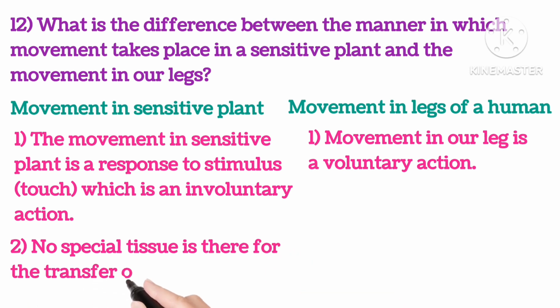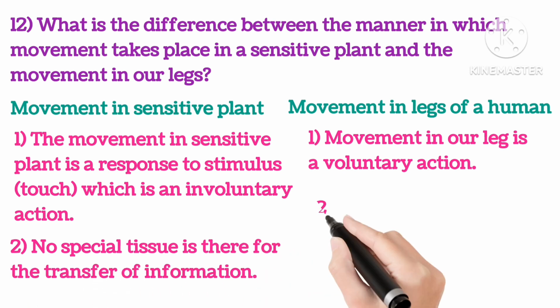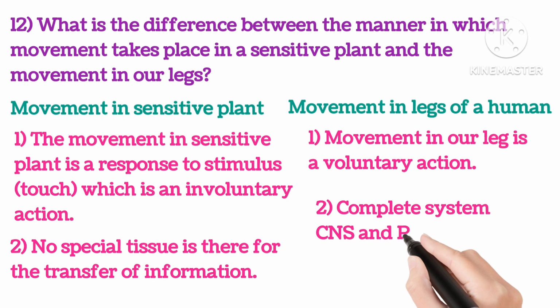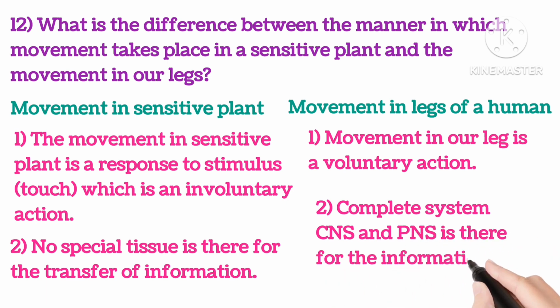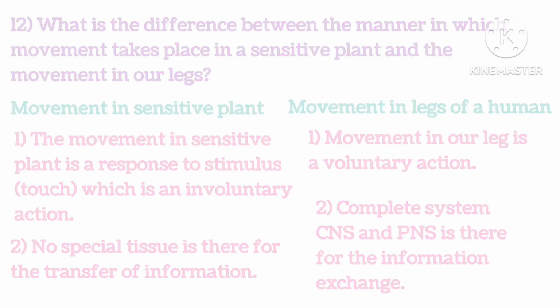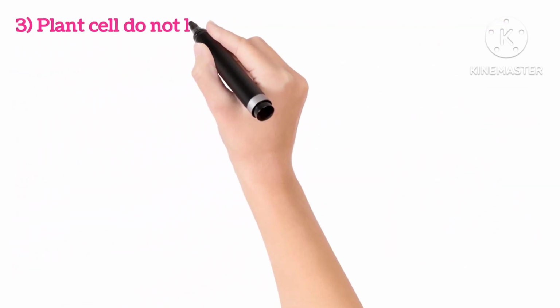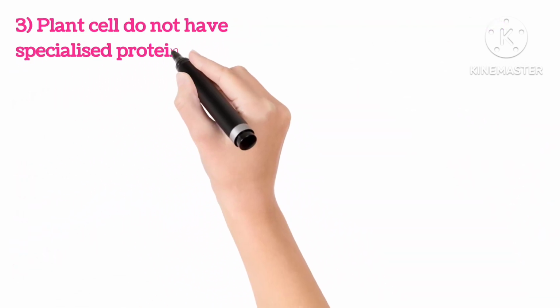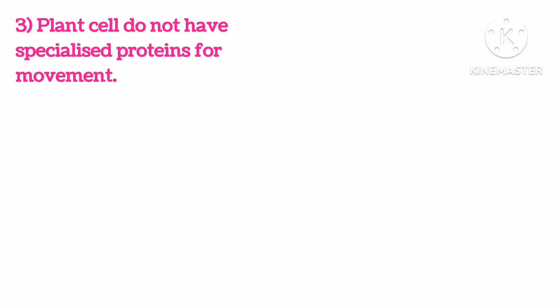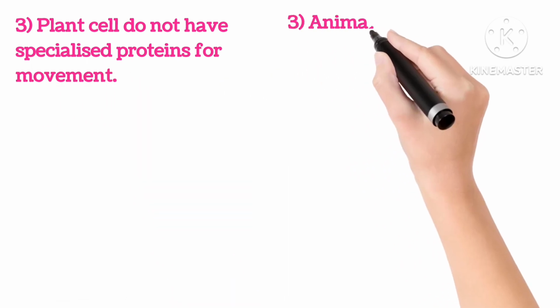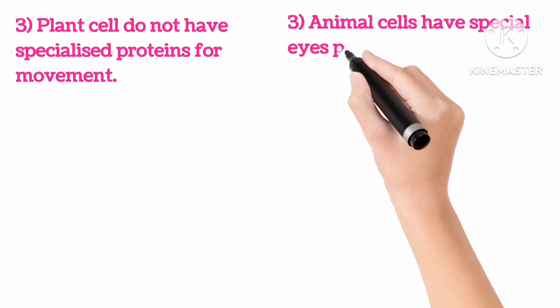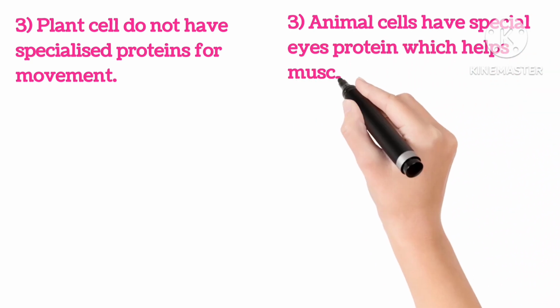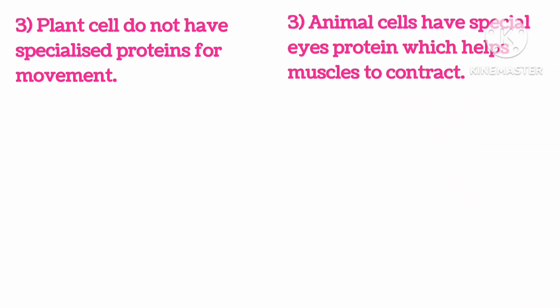No special tissue is there for the transfer of information. In movement of the leg, the complete system of CNS and PNS is there for information exchange. In sensitive plants, cells do not have specialized proteins for movement, while animal cells have specialized proteins which help muscles to contract.